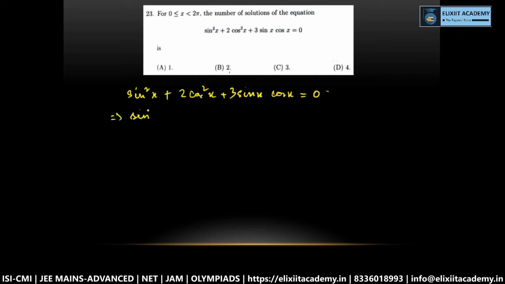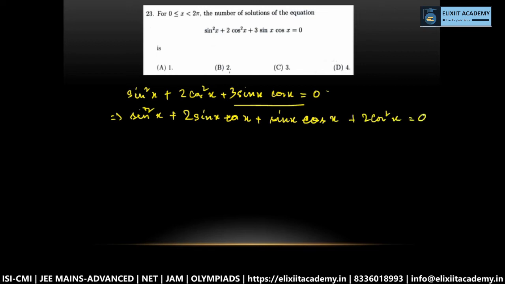If you just break this, it is sine square x plus 2 cos square x plus 3 sin x cos x. We can break this 3 sin x cos x as 2 sin x cos x plus sin x cos x, plus 2 cos square x equals 0.